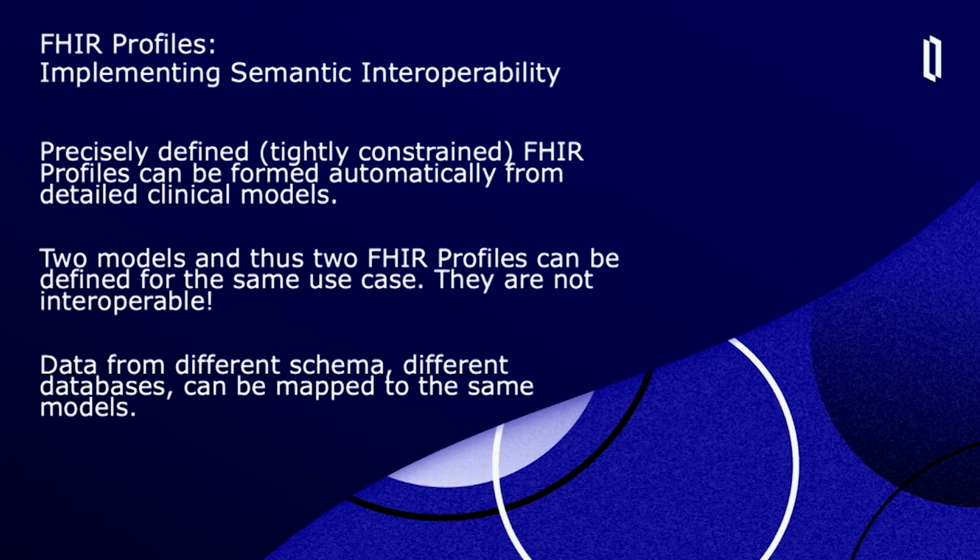a preferred profile, you're selecting a preferred detailed information model for that data that can then be turned into FHIR profiles or something else. That same model can also be used to map the data in the EHR's database schema to that model.